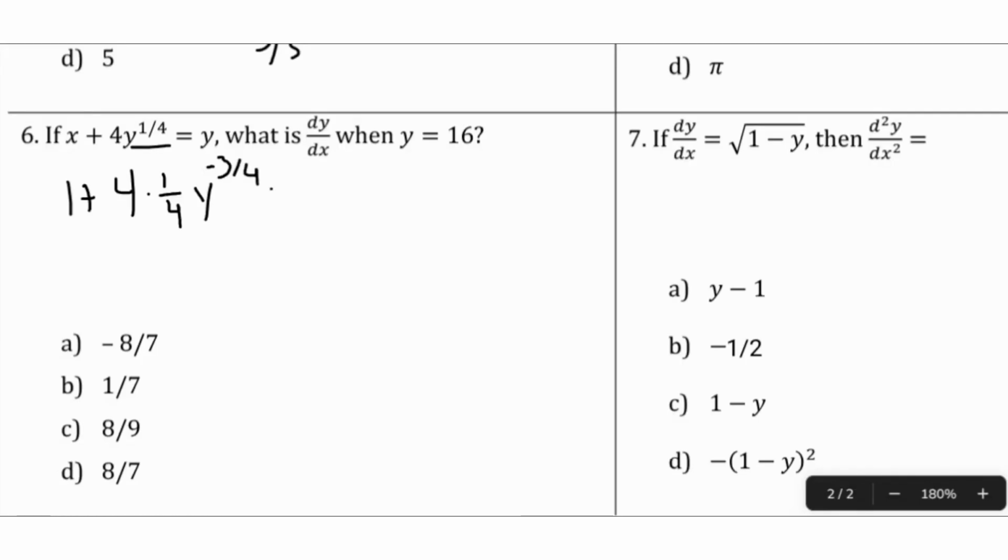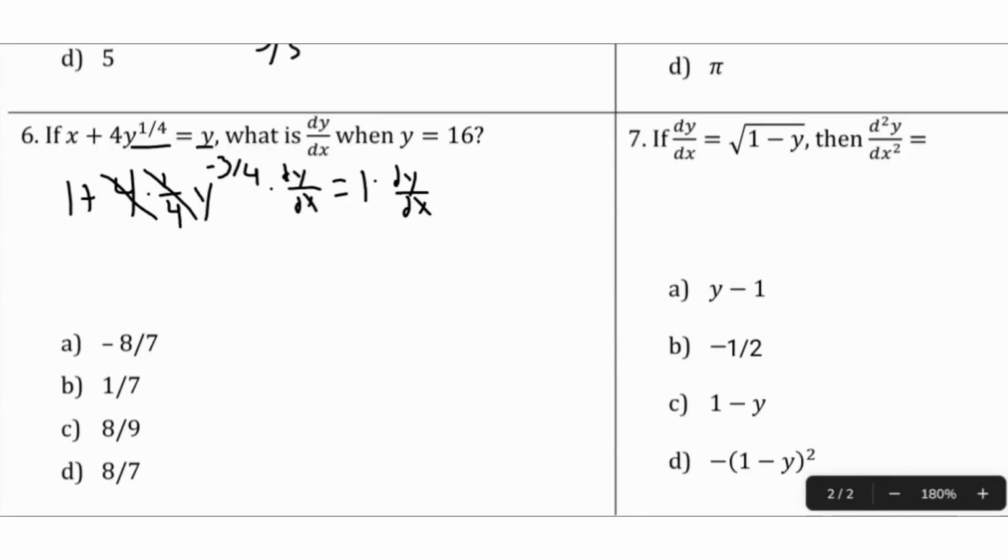And then since we took the derivative of y, we have to tag it with a dy dx here. And then this is equal to the derivative of y on this side, that's equal to 1, again, dy dx.